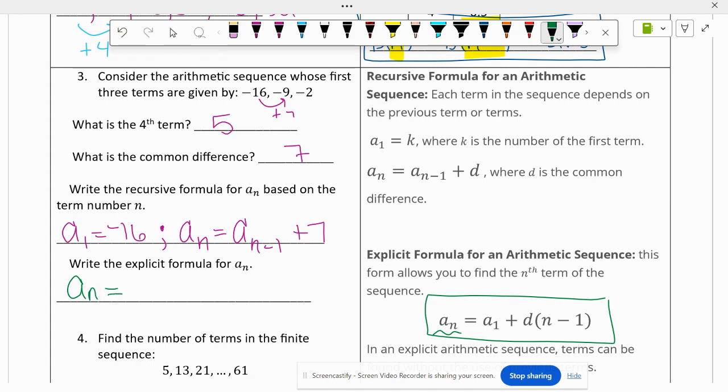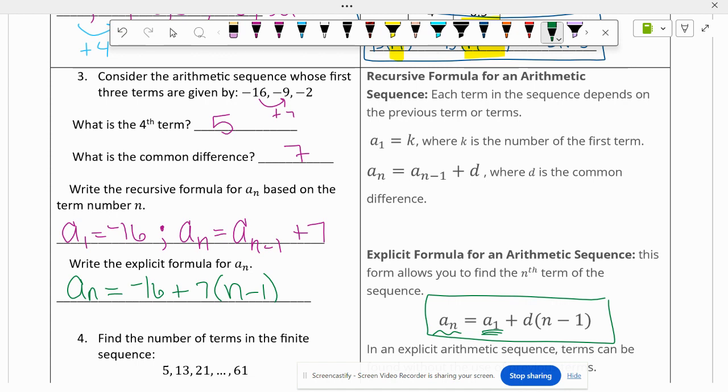What this says, I need A of 1 or A sub 1. What is the first term again? -16 plus D is my common difference. What is my common difference? 7 times the parenthesis n minus 1. That stands for my previous term.